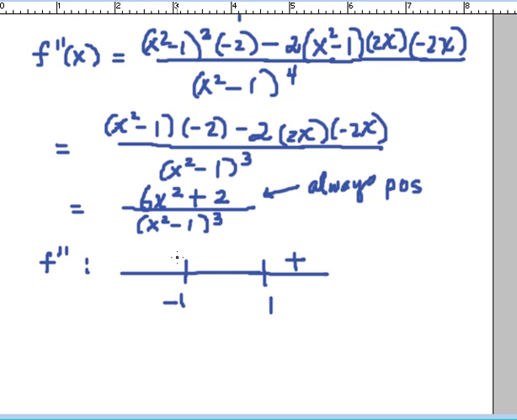Let's substitute in 0, and the denominator is negative. If we substitute in minus 2, the denominator is positive. So f is concave up here, concave down here, and concave up here. Now these are not inflection points. These were vertical asymptotes. So we have no inflection.